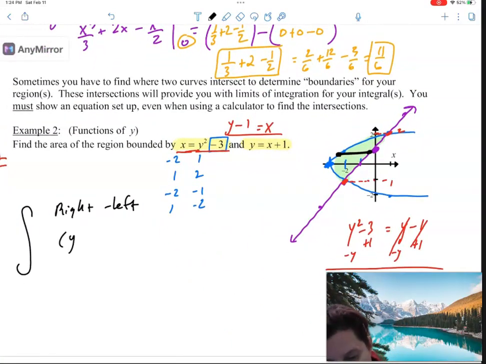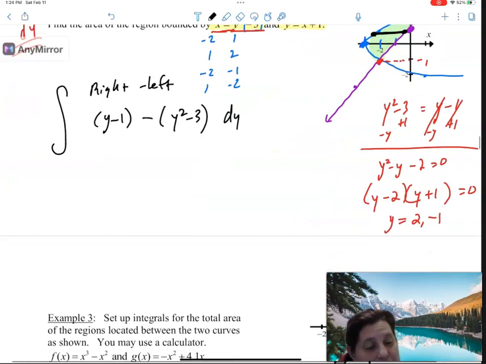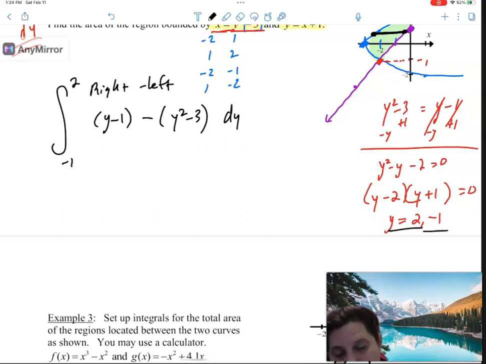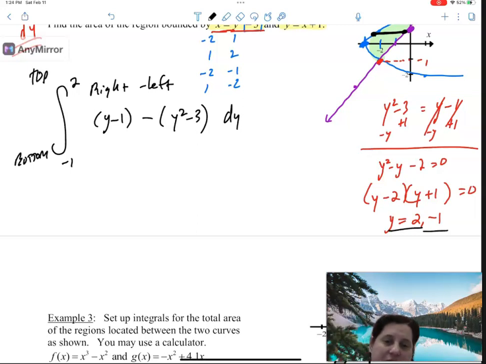So I'll do the line, x equals y minus 1, minus the parabola, y squared minus 3, as a dy. Then I'm going to use these points, going from negative 1 to 2, from bottom to top. Then I can just proceed to integrate that. But that's how you do this as a dy.